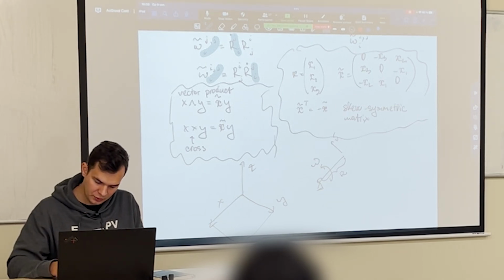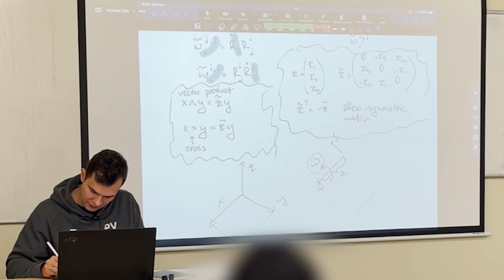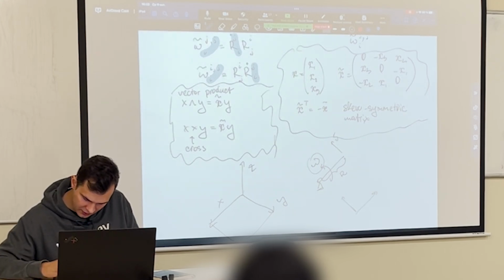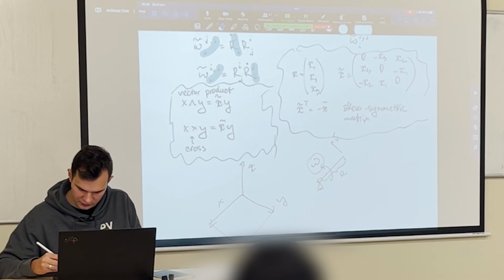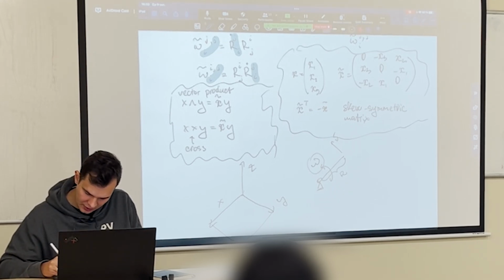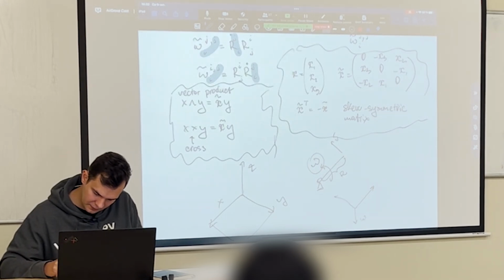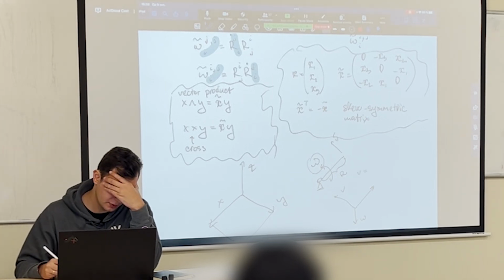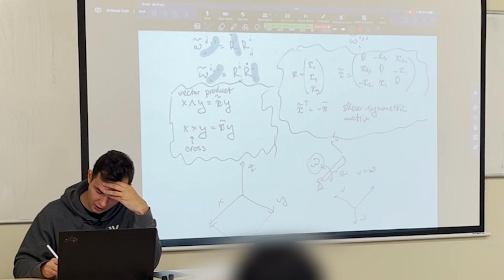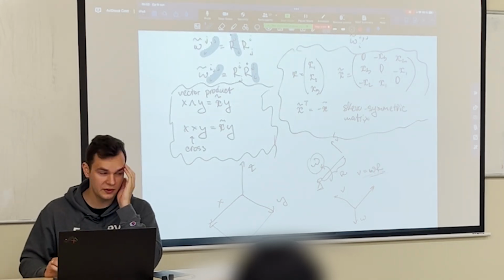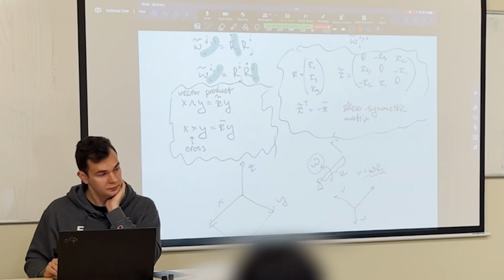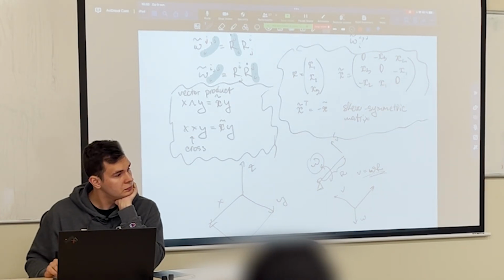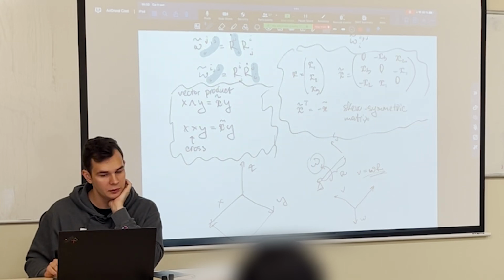So the linear velocity equals omega times r, and actually it is a vector product. We also need to compute the derivative of the unit vectors.